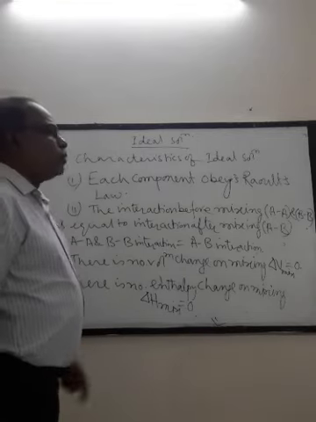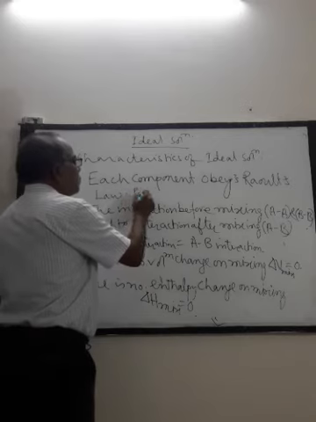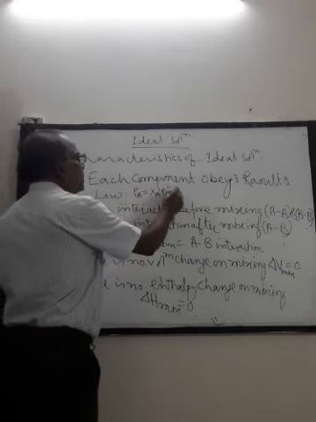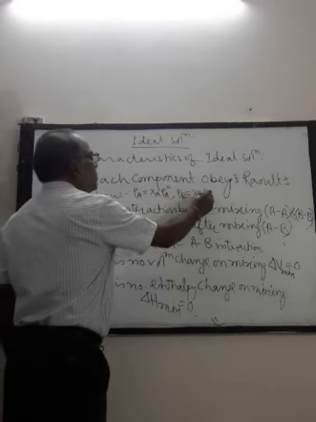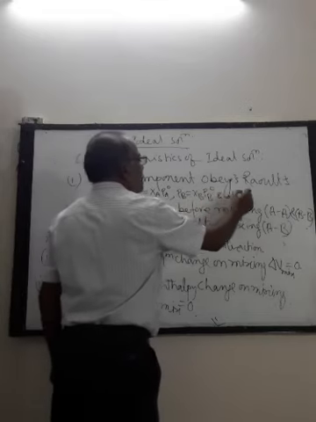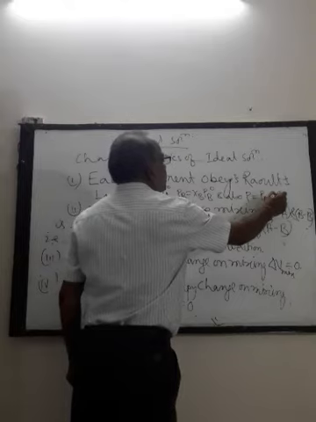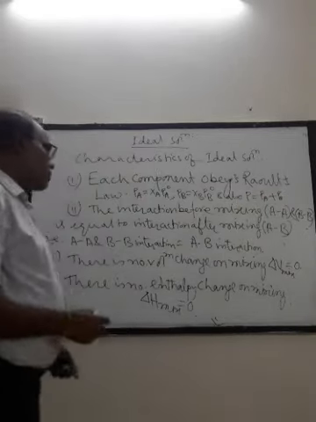Each component obeys Raoult's law, means PA equal to XA PA naught, and PB equal to XB PB naught, and also P equal to PA plus PB. It is total vapor pressure equal to sum of partial pressures.